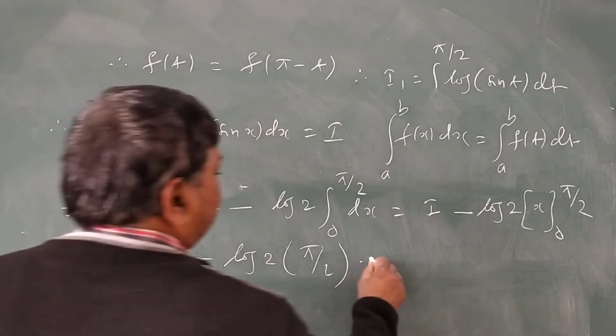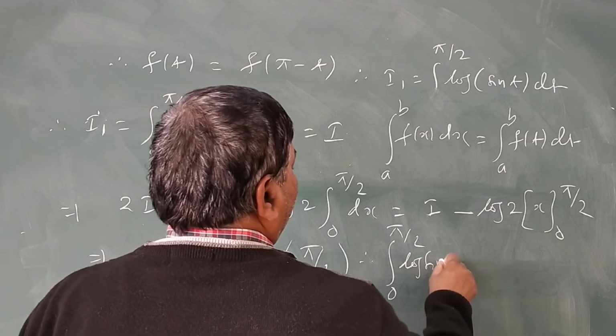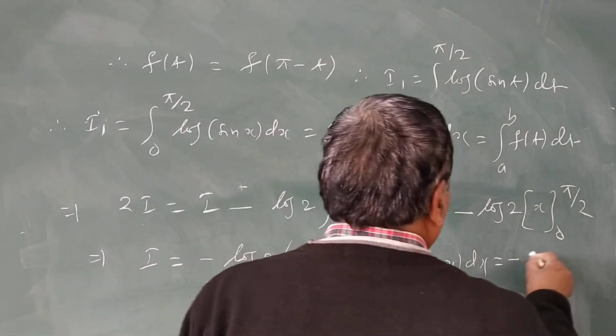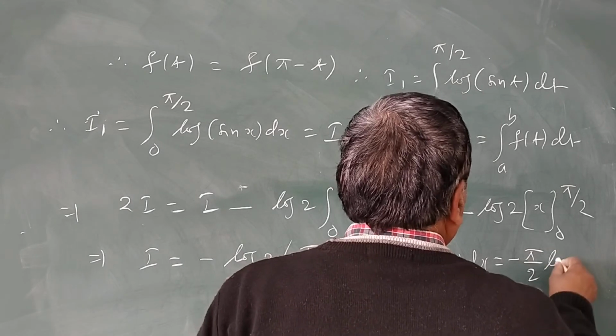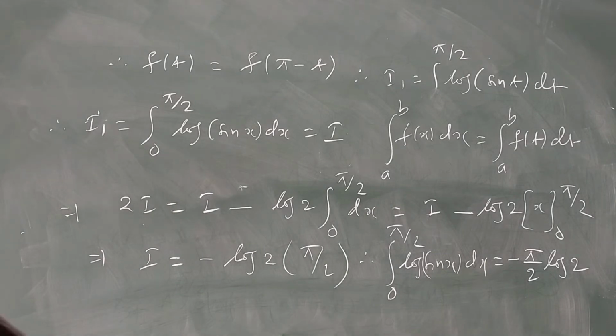So the integral from 0 to pi of log sin x dx is equal to minus pi by 2 log 2. This is the answer of the question.